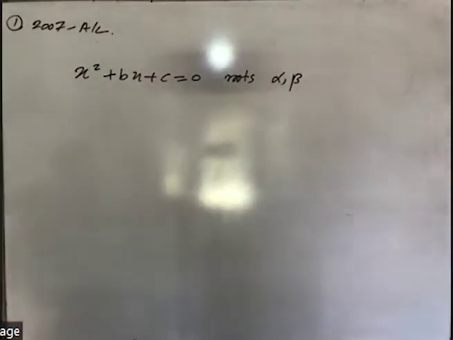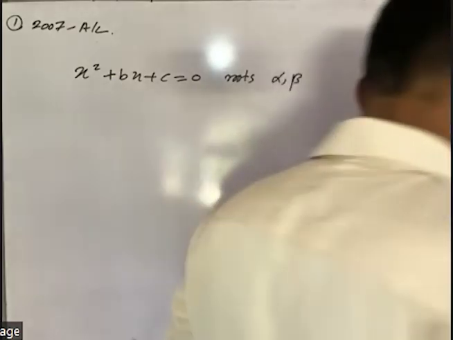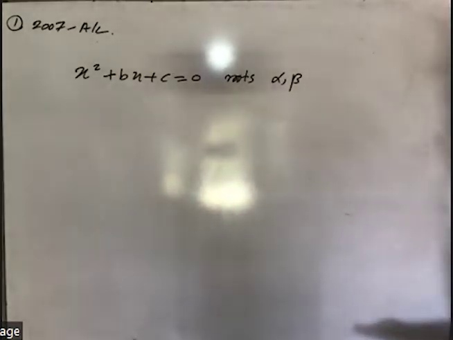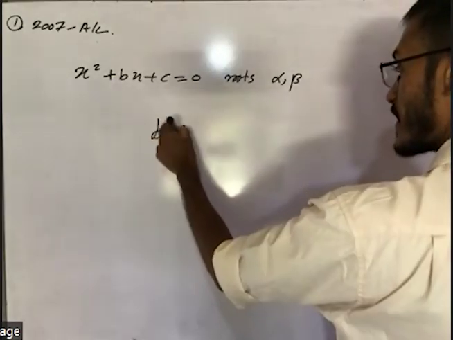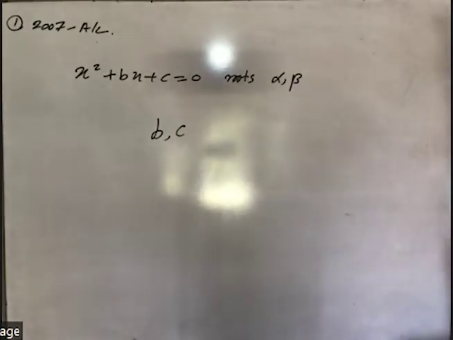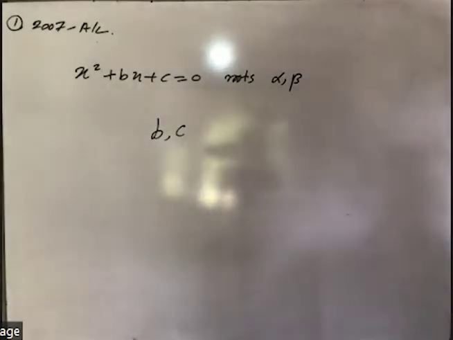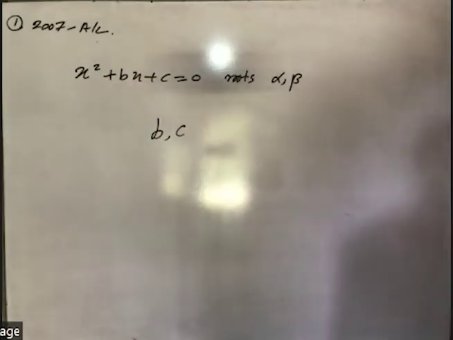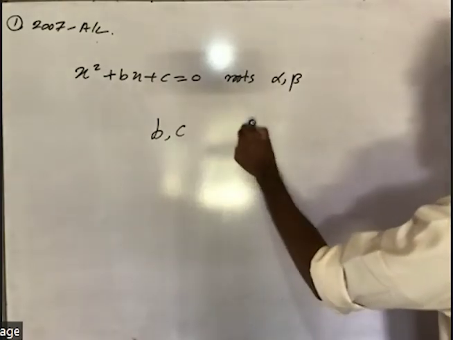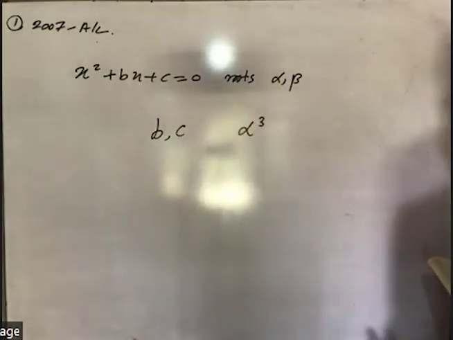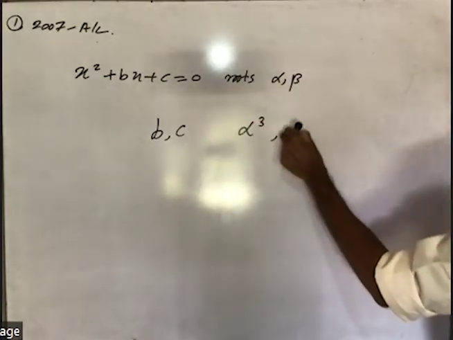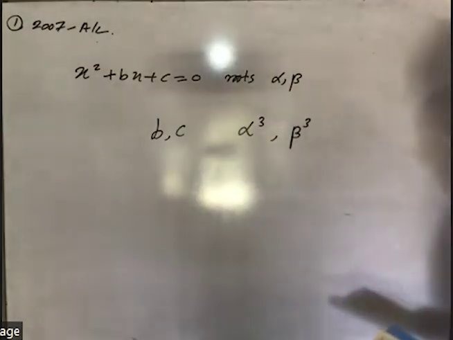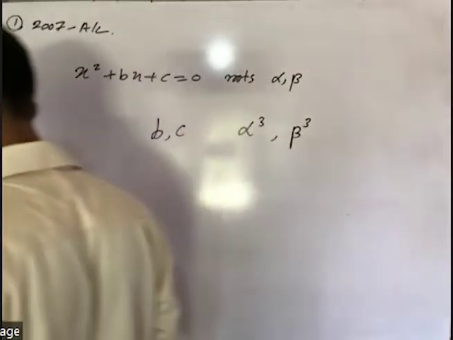Write down. Find the quadratic equation in terms of b and c whose roots are alpha to the power 3 and beta to the power 3.